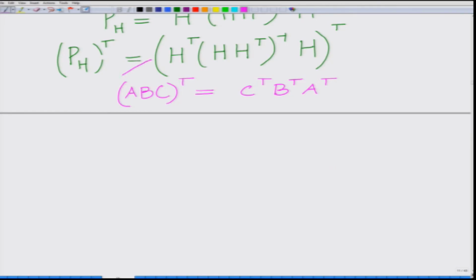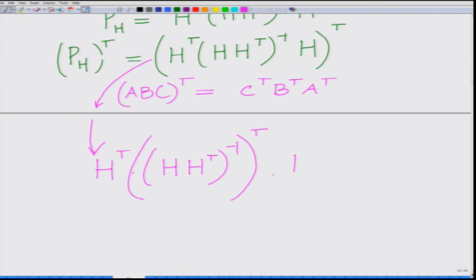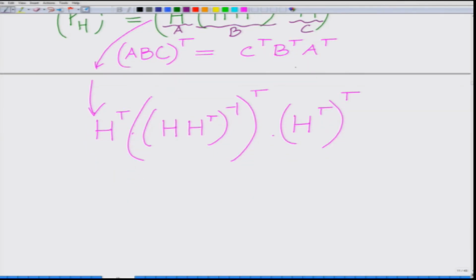Therefore, I can write this as H transpose times the transpose of the inverse matrix times H. Basically, this is my matrix A, this is my matrix B, and this is my matrix C, so I am writing C transpose B transpose A transpose.